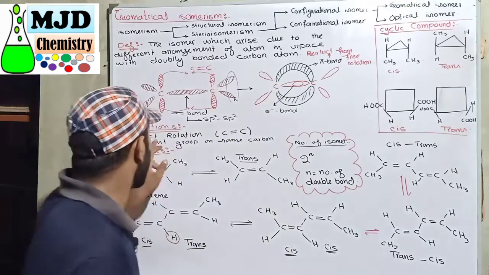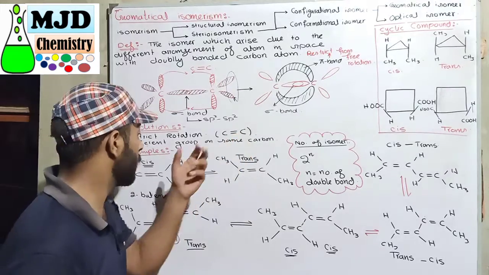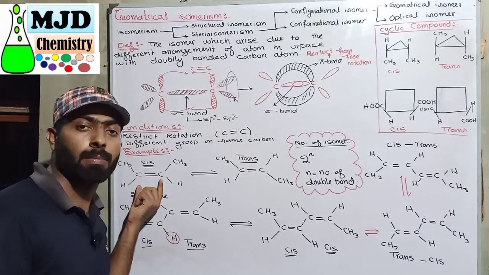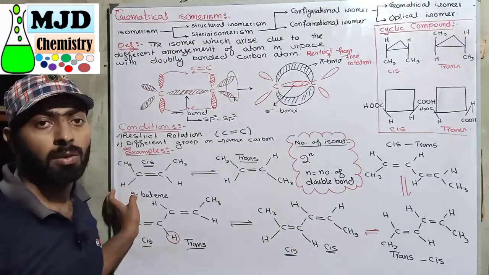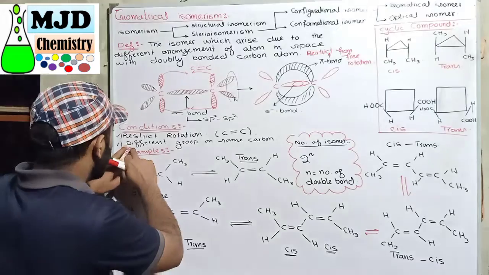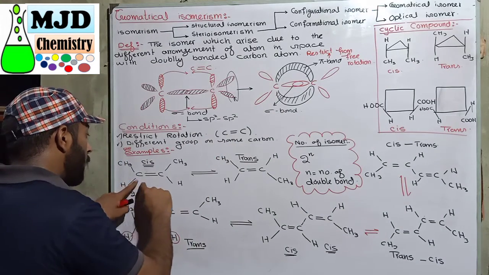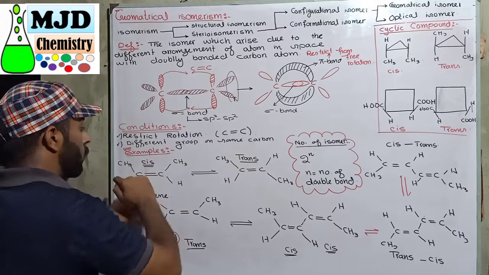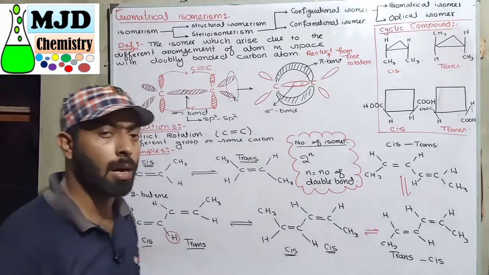First condition, restricted rotation or double bond. Here a double bond is present, so the first condition is fulfilled. Then we see the second condition, different groups on the same carbon atom. Here, on one carbon atom there are two different functional groups, and on the other carbon atom two different functional groups are also present.